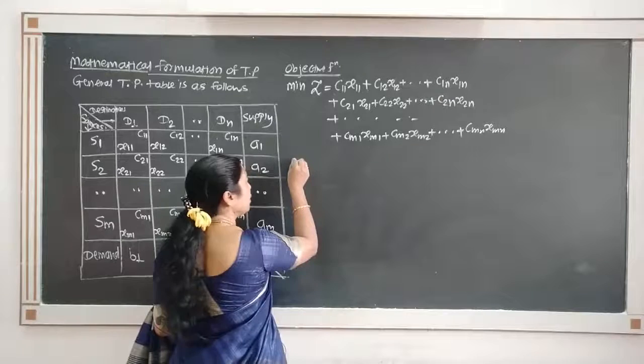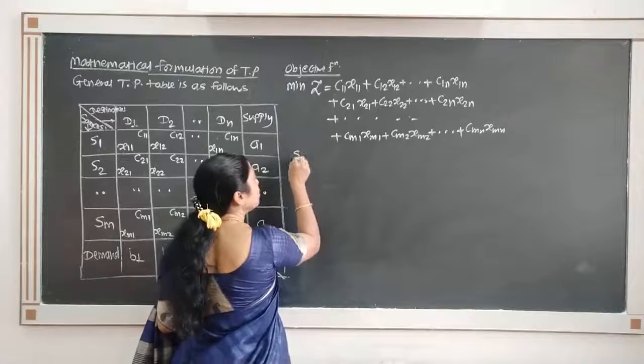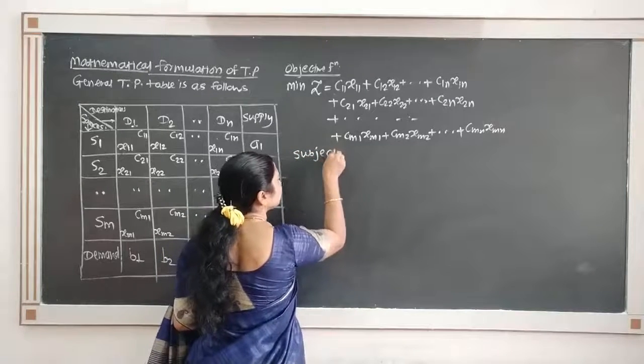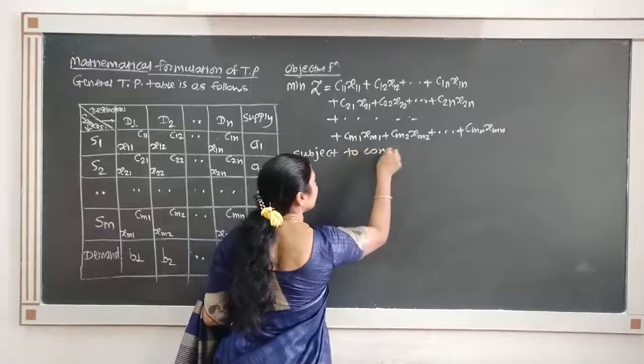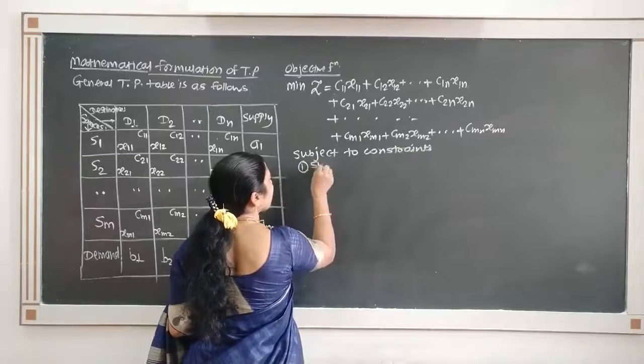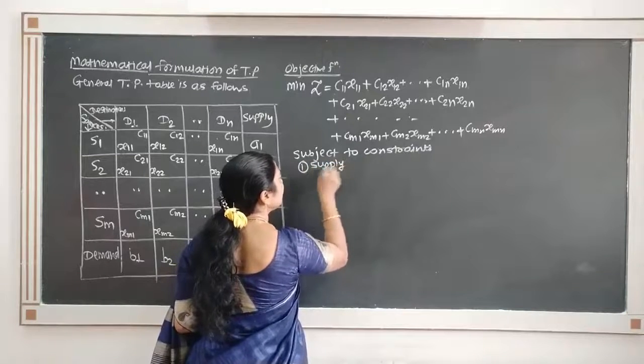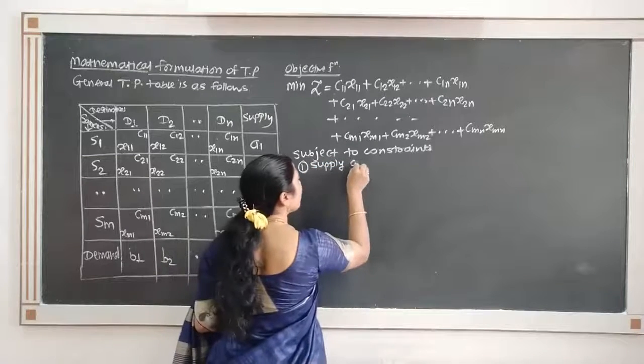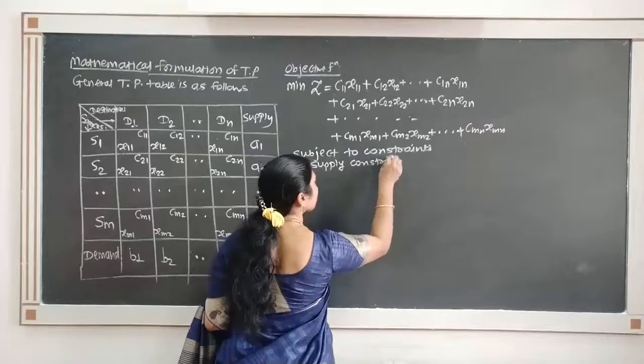The second thing, find the constraints. So subject to constraints, there are two constraints. The first one is related to supply, and the second one is related to demand. So what are the supply constraints?